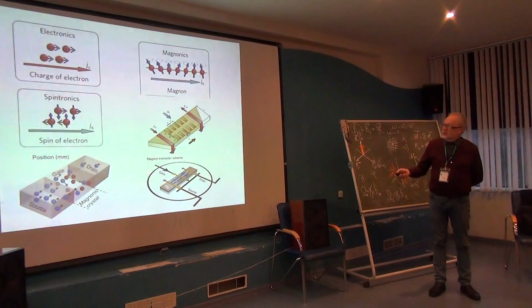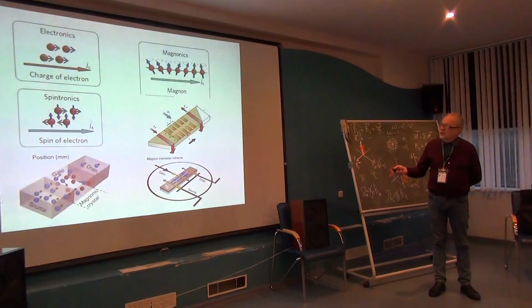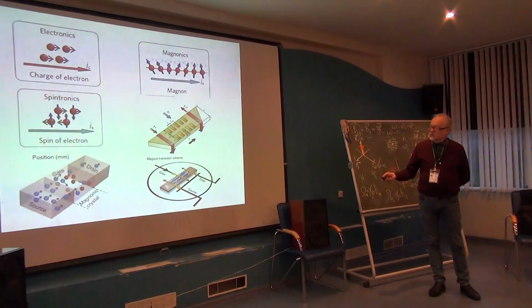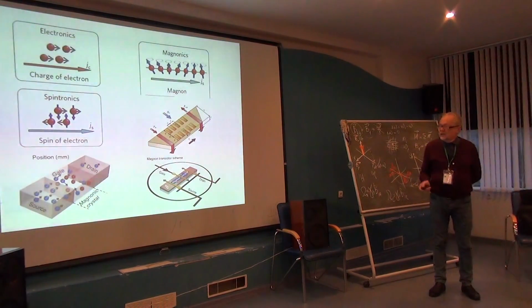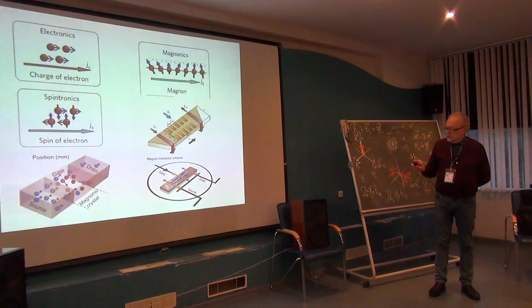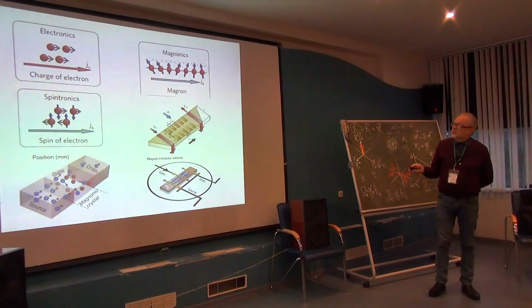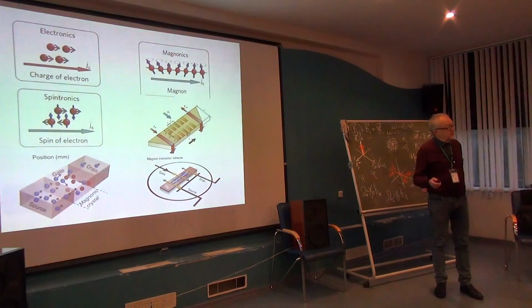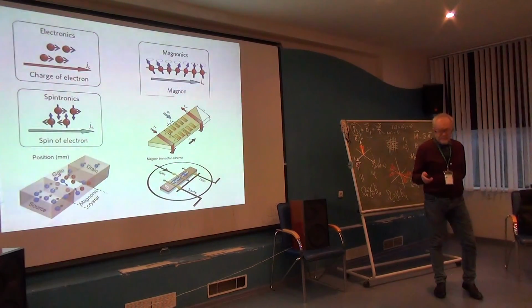This current of magnons can be changed by magnetic impurities, for example, or by pumping of other magnons in some kind of caves, which destroy the current of magnons. So these are all examples of magnonics, where the magnons are used as a gas of magnons.